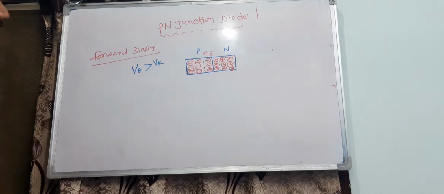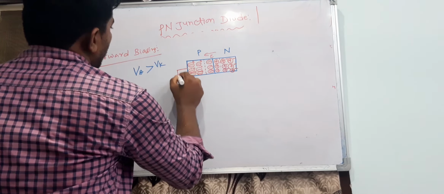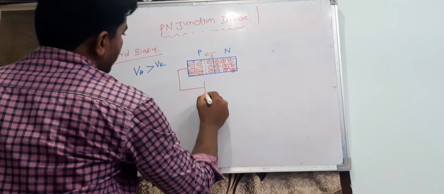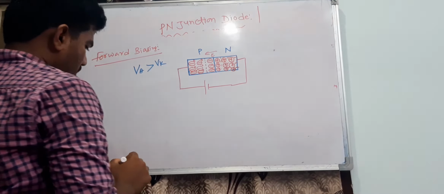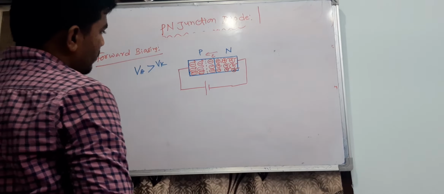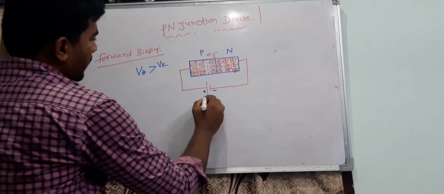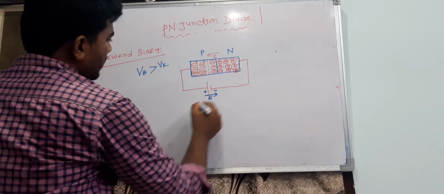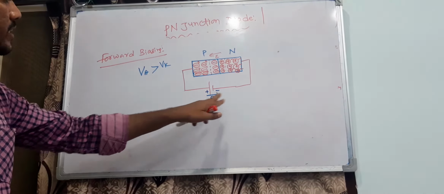Or, the positive terminal of the battery is connected to the p-type and the negative terminal is connected to the n-type, then the diode is connected in forward bias. The applied electric field direction will always be from positive to negative side. This is the electric field direction, from positive to negative, and this is the N to P side and this is the P to N side.